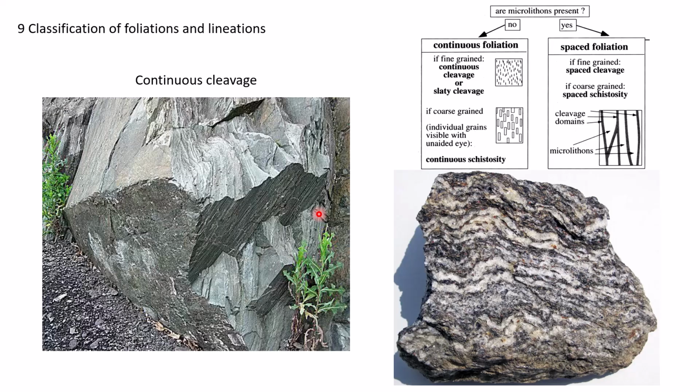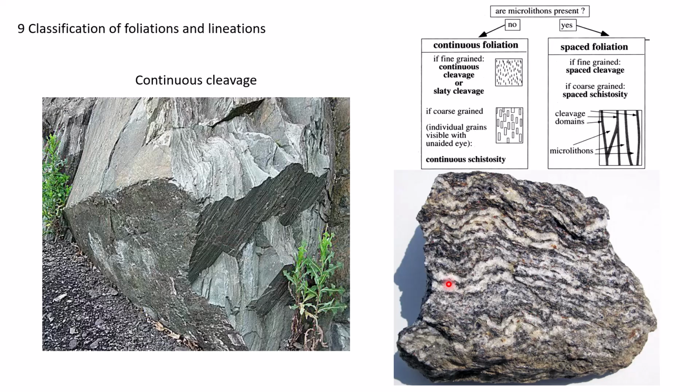So here we cannot separate cleavage domains from microlithons. The whole rock is just a very large, big cleavage domain. This would be typical for a continuous cleavage. That's what they look like in the field.